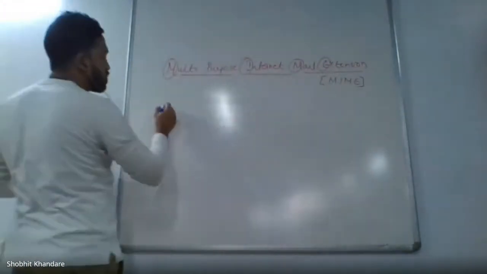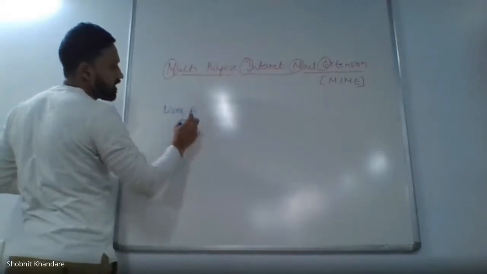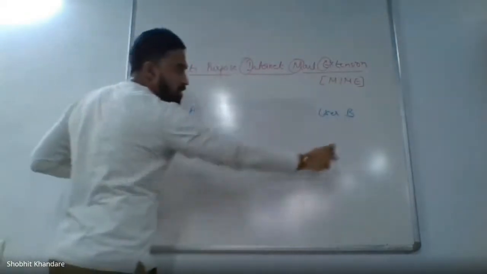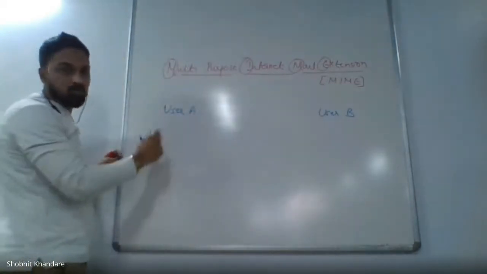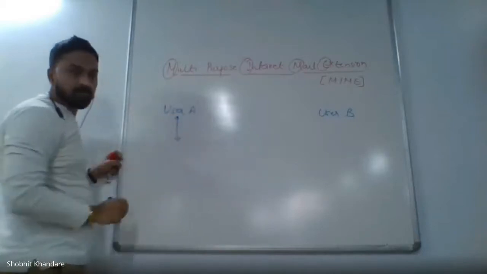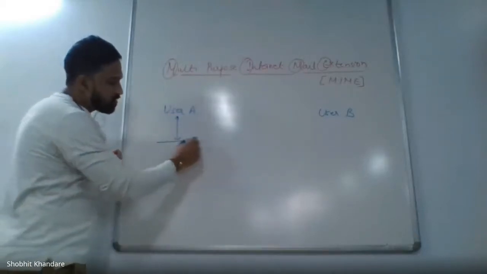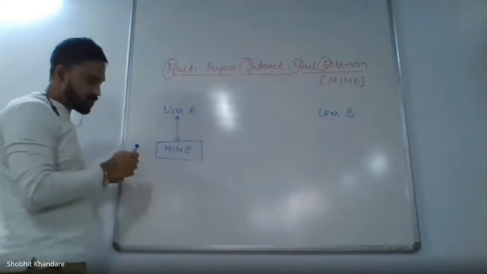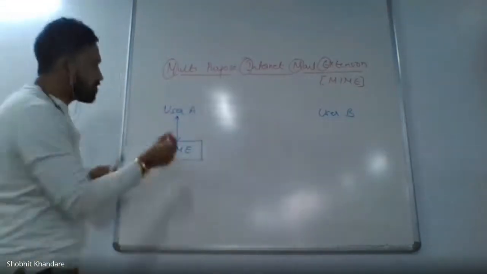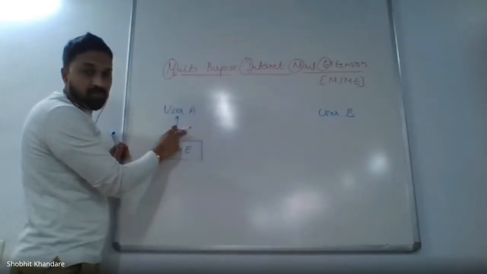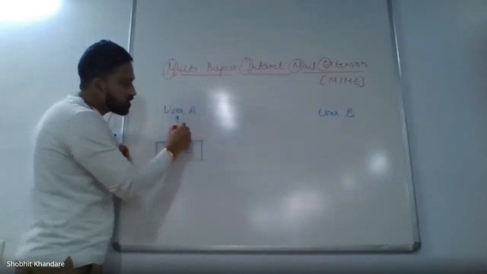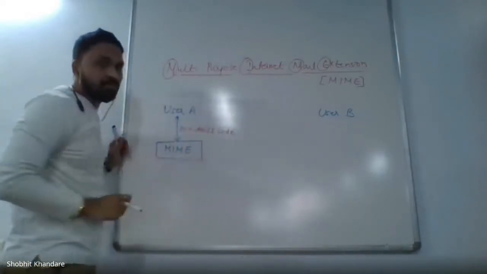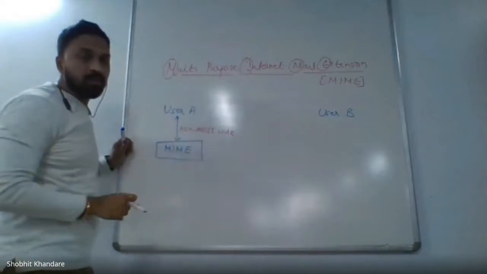You have user A, and here you have user B. User A wants to send the mail to user B. User A will send the message by using the MIME extension. Before the MIME extension, the messages are non-ASCII code, non-ASCII messages or non-ASCII mail.